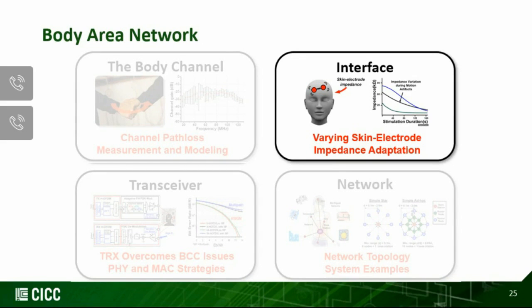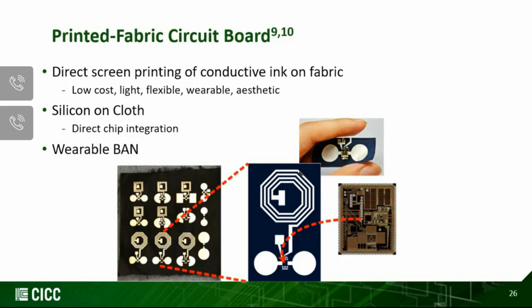For wearable sensors, we can use the textile-based printed fabric circuit board, for example, which shows silicon on cloth with direct chip integration on the sensor itself, which will be naturally wearable. Now, it's very good in terms of flexibility and wearability, but it's a dry electrode. That comes with its own set of problems.